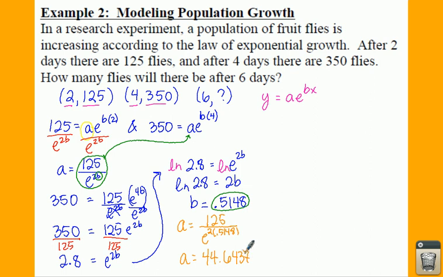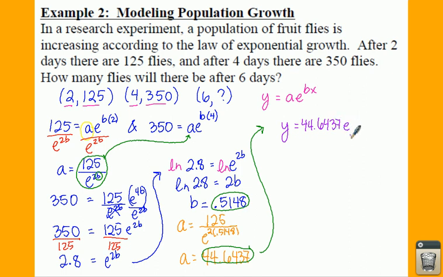Now we finally can write our equation because we have our a and our b. Sorry about all the arrows, but I didn't want to get lost. So we're going to say y equals a, which is 44.6437, times e to the b, which is 0.5148x.